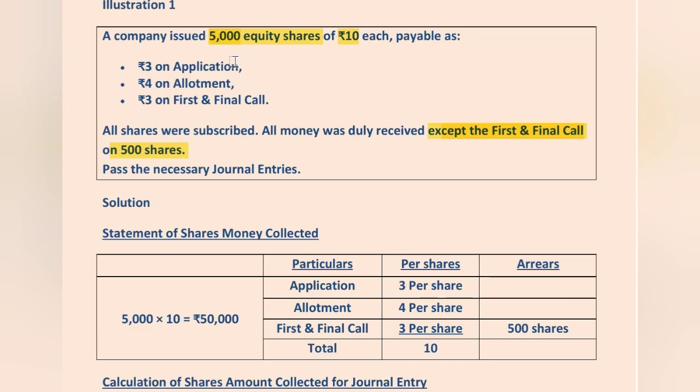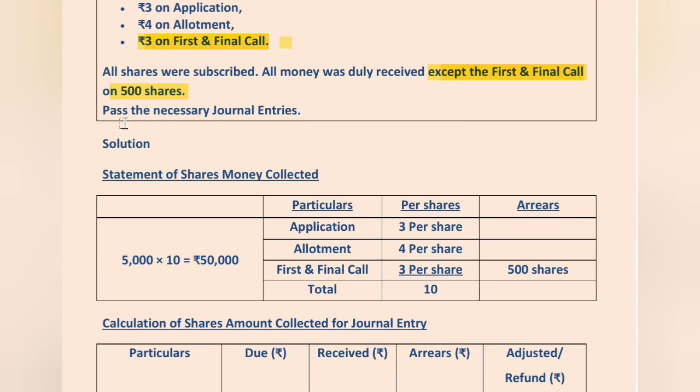In that, 500 shareholders did not pay the money at the time of first and final call. So based on that, they are asking to prepare necessary journal entries. This is the information they have given.